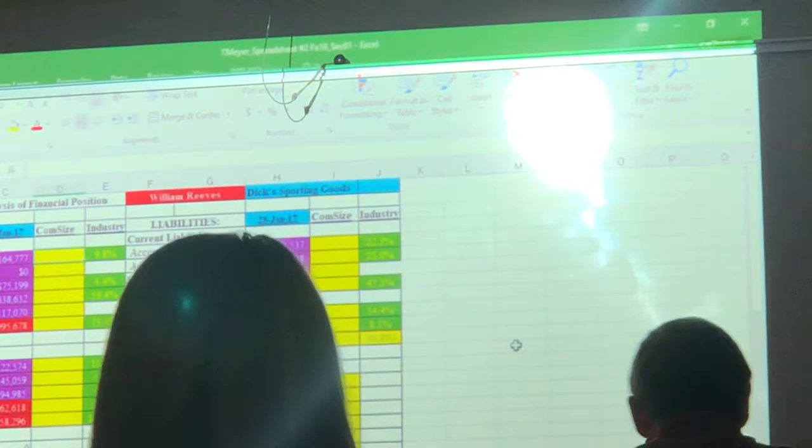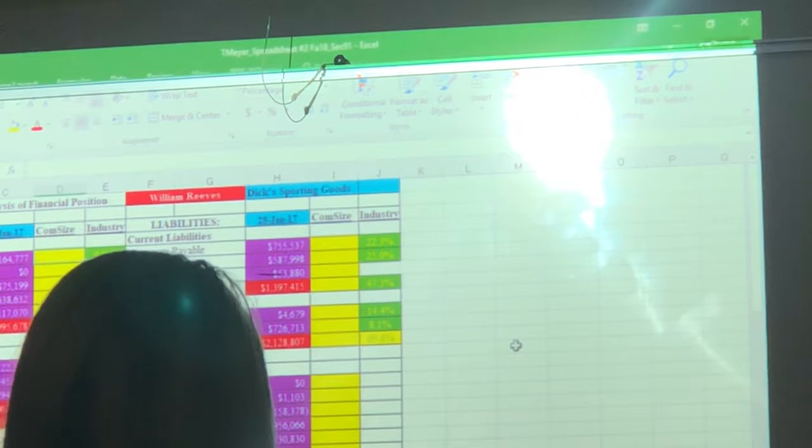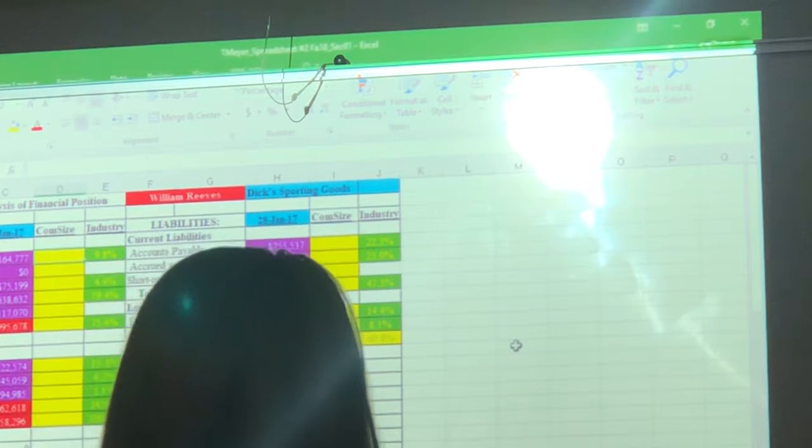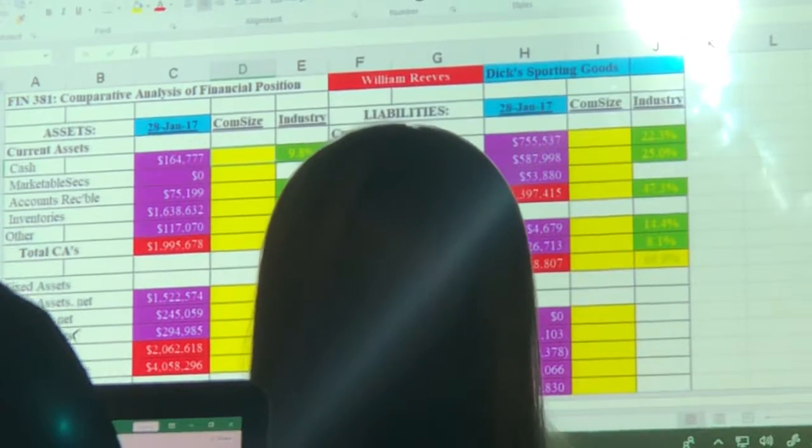It's very important that you get the first ratio correct because we're going to be copying it into a lot of other cells. In fact, I'm going to write it on the board.